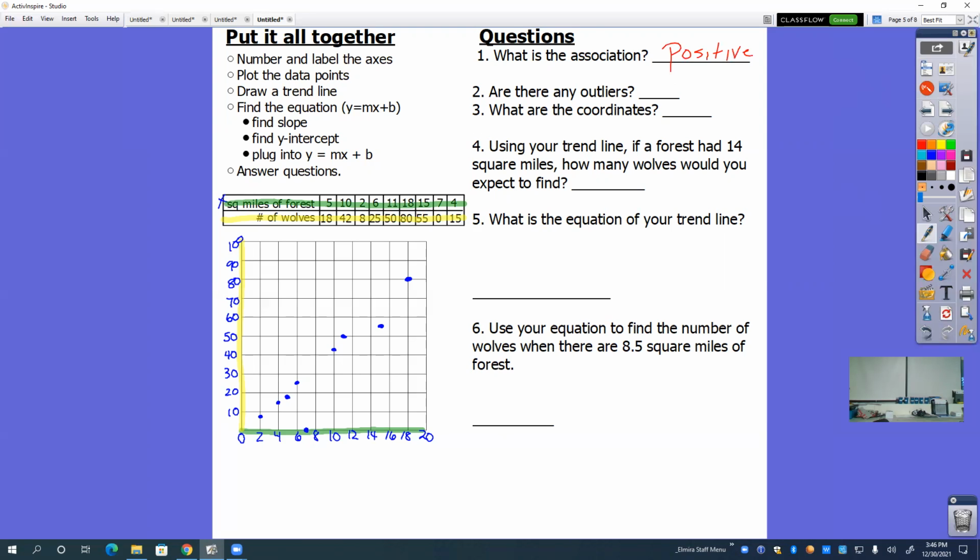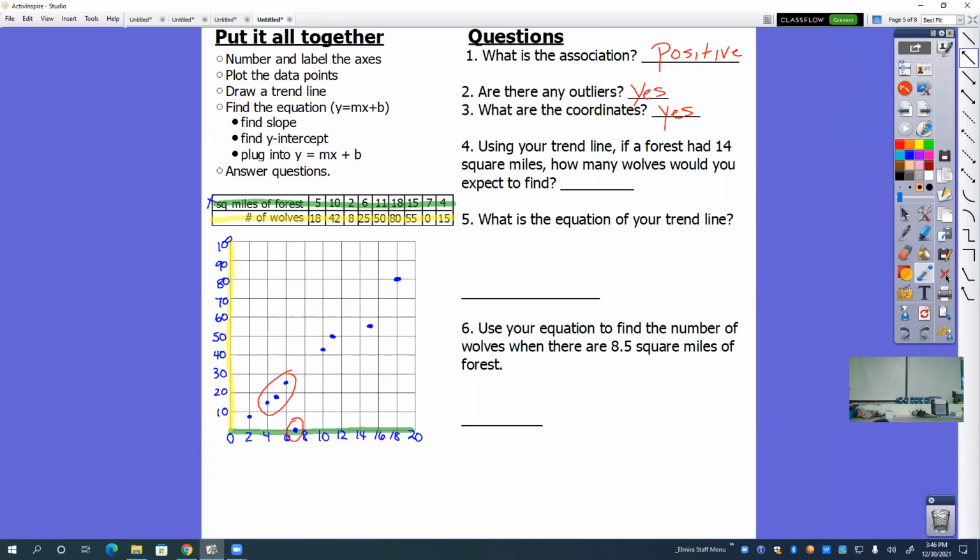It's a positive association because it's heading in an upward direction. Are there any outliers? Yes. The one outlier. Are there any clusters? I'll give you that if you want to consider that. So yes, if you don't think that that's a cluster, your answer would simply be no. As long as you can justify it, then that's all that matters.